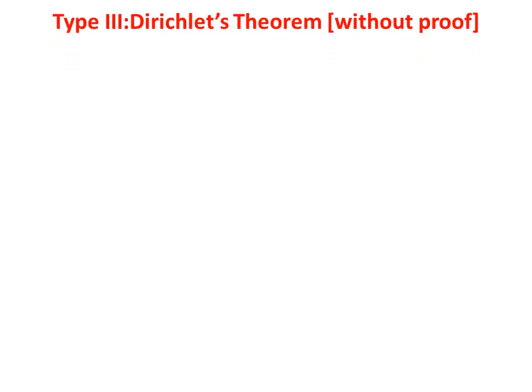Okay. Well students, now we'll move towards the next type, type 3, which is Dirichlet theorem. And Dirichlet theorem here I am stating without proof, based on which a few problems we are going to simplify.